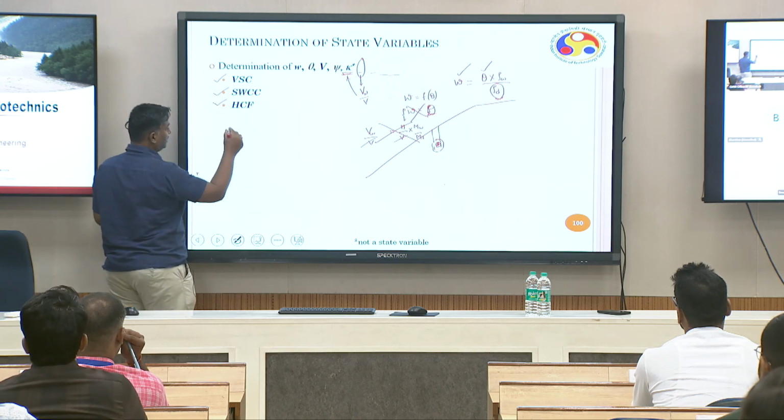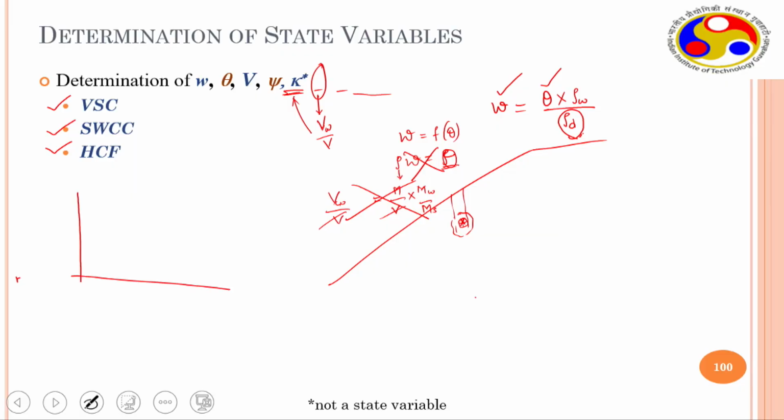You know the shrinkage which happens. So this is gravimetric water content, this is volume of the soil sample, right? So generally we draw like this, correct? We say that this is the shrinkage limit.